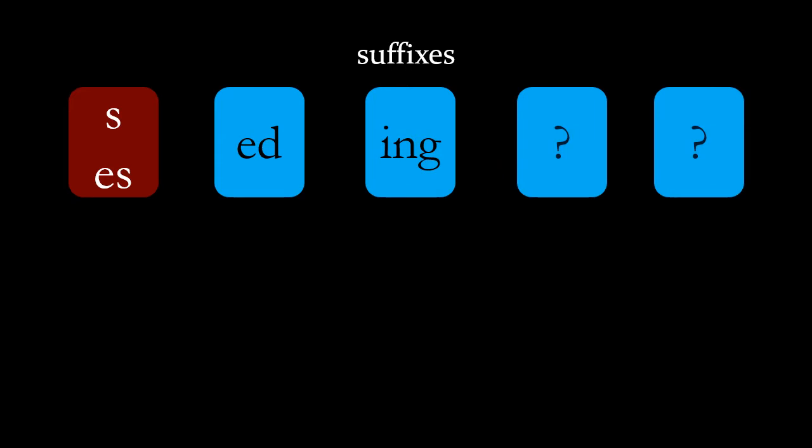So today we're going to start by talking about ed and ing. Ed has a couple of different uses. So first, let's take some base words like rent, fold, bunt, post. And now let's add the suffix ed.